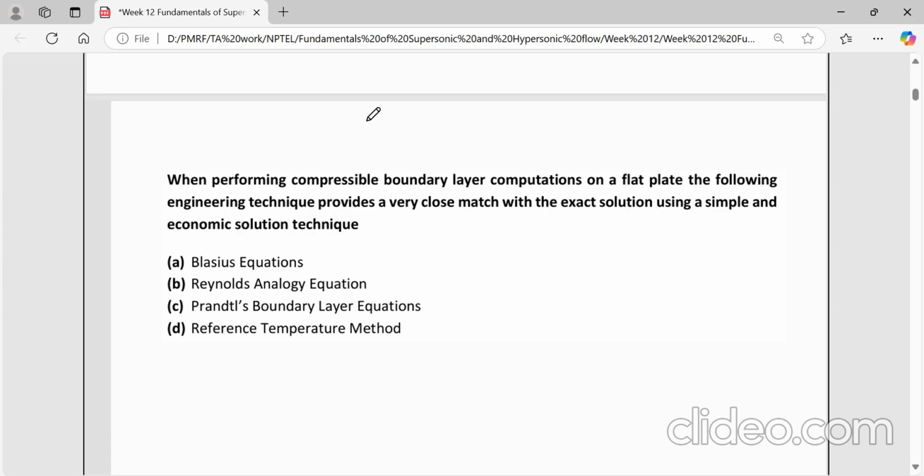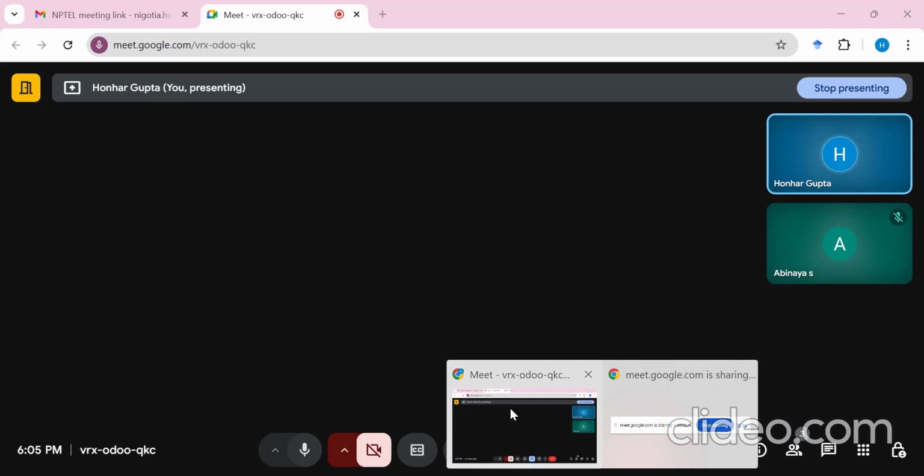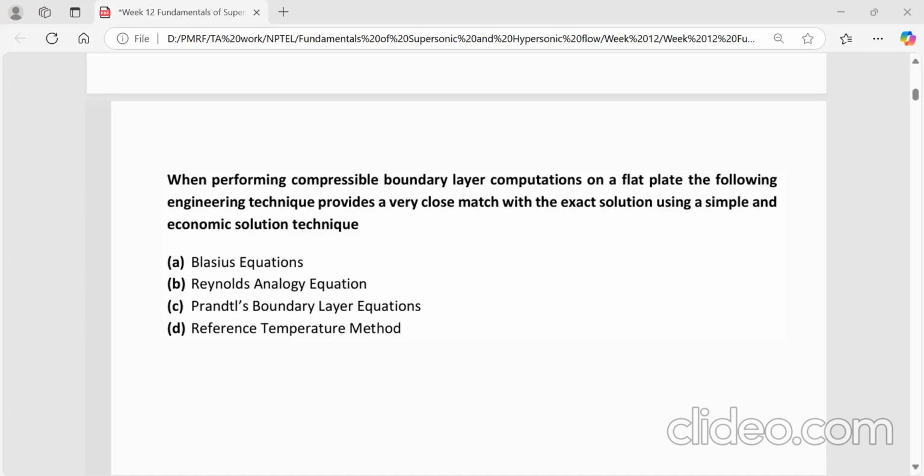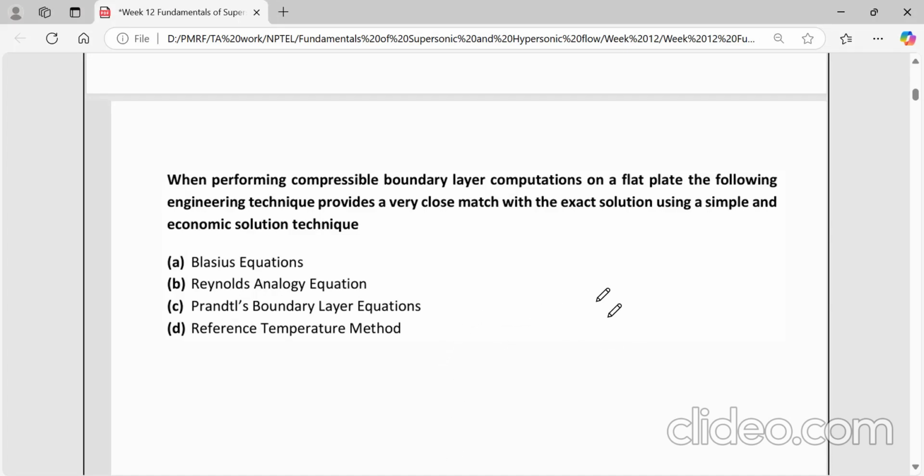Option C, Prandtl's boundary layer equation. Option D, reference temperature method. So what will be the answer for this? The answer will be reference temperature method.